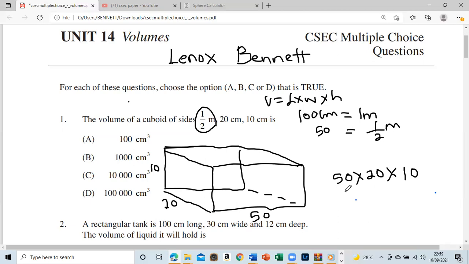This will give us 1000 for the first part. Then 1000 times 10, we add on the next 0, we get 10,000 cm³. All right, so that one is C.